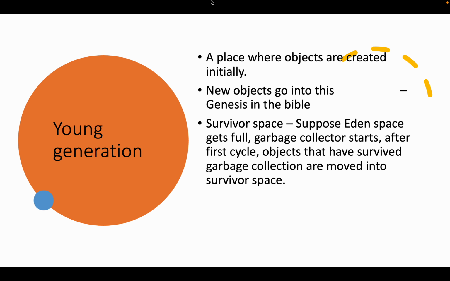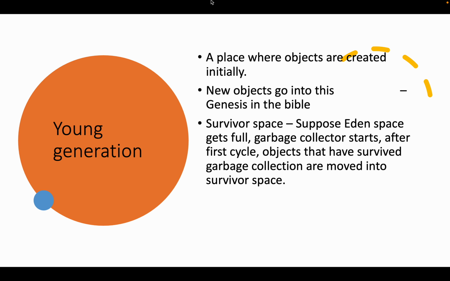So the young generation is a place where new objects are created and stored. New objects go into this. You can think of it as a Genesis, like in the Bible. Then we also have the survivor space.